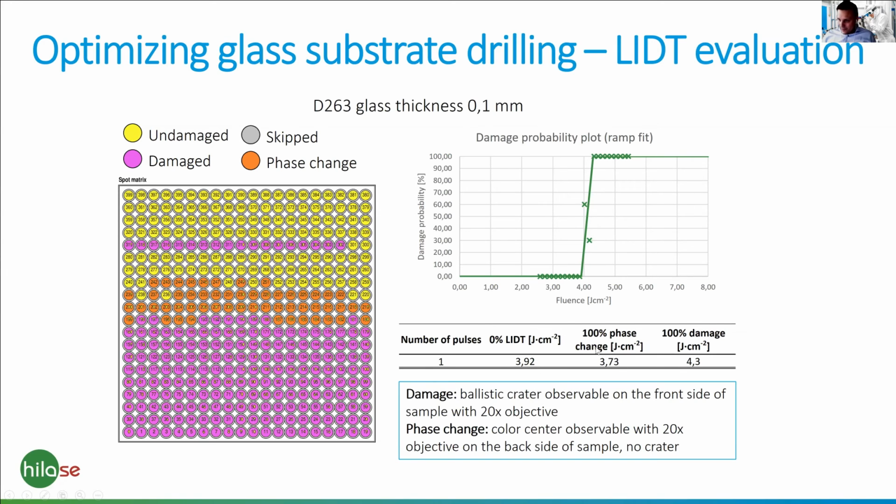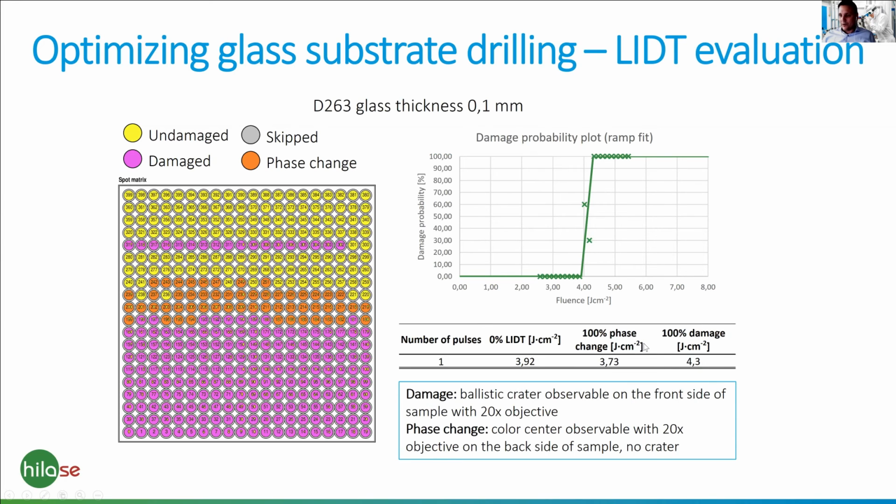We also measured the probability of the phase change without damaging the sample itself, while damage was defined as a ballistic crater observable at 20 times magnification, while phase change was defined as a color center with no crater.